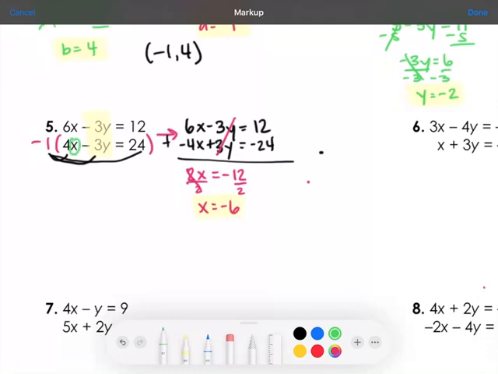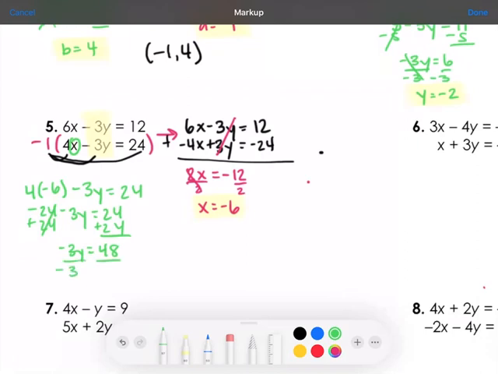I'm going to go ahead and plug in that value right here. So I get 4 times -6 minus 3y equals 24. 4 times -6 is -24 minus 3y equals 24. I'm going to add 24 to both sides. -3y equals 48.